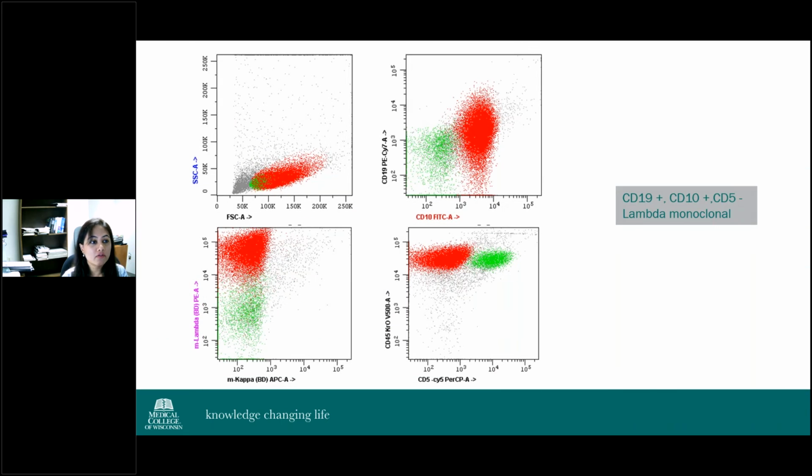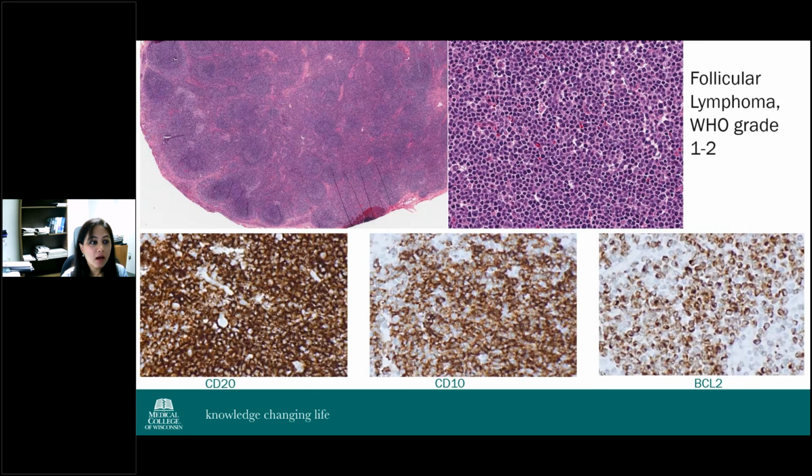Once we got the flow cytometry back, there was a population of B cells that was expressing CD10 and was lambda monoclonal. So this was a CD10 positive B cell lymphoma; that is how the flow was reported out. The patient then underwent an excisional biopsy. As you can see, the architecture of the lymph node is effaced.